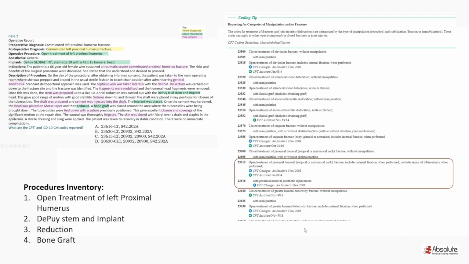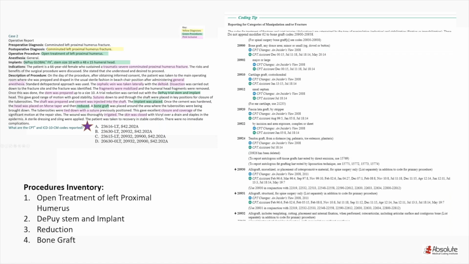It is integral. And also, if you go to the graft section and you read the guidelines, it kind of tells you, hey, they're both grafts, so there's no need to code for them. An implant is going to do the trick of all. The goal of an implant is to stabilize.